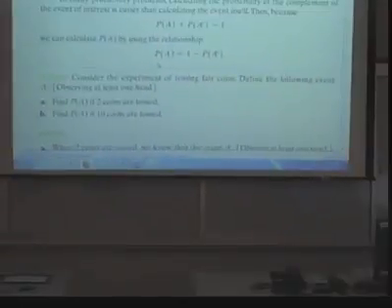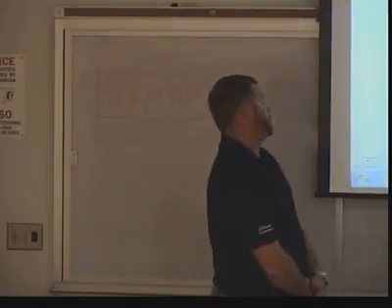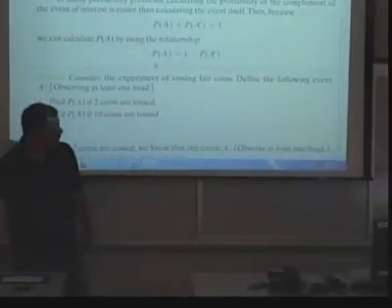Okay, let's see if we can answer this one. Consider the experiment of tossing fair coins. I assume this is 2 coins. Yeah, 2, okay. So we are tossing 2 coins here. Define the following event A: observing at least 1 head.